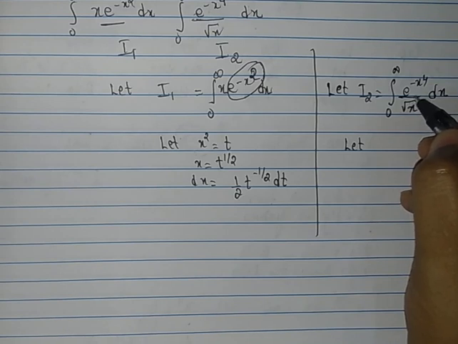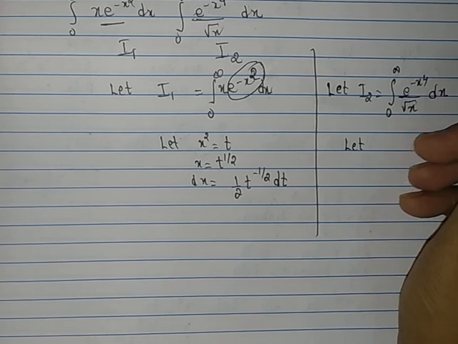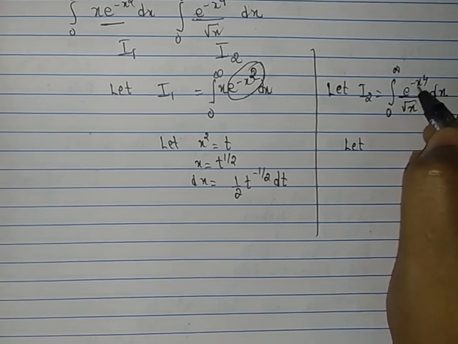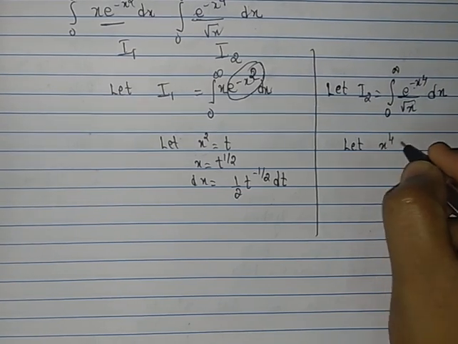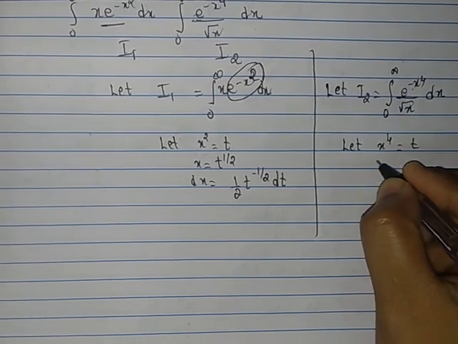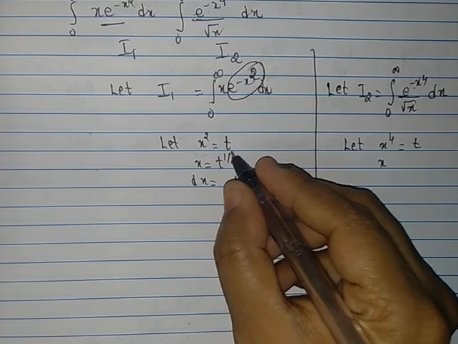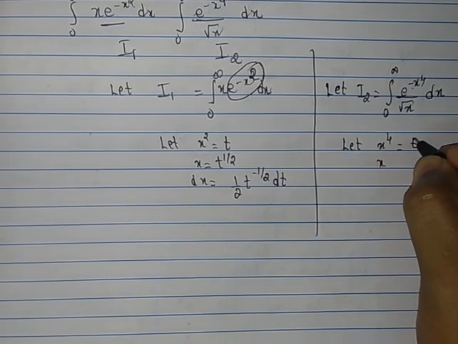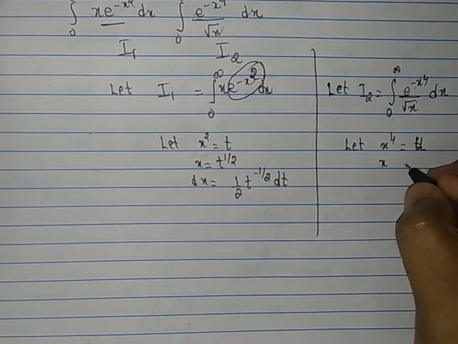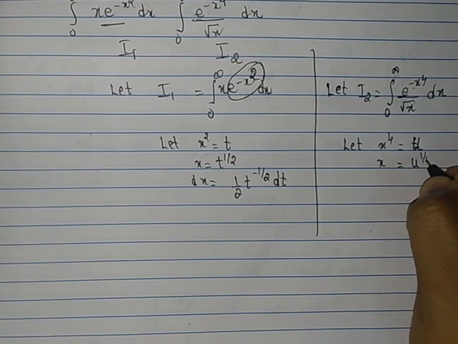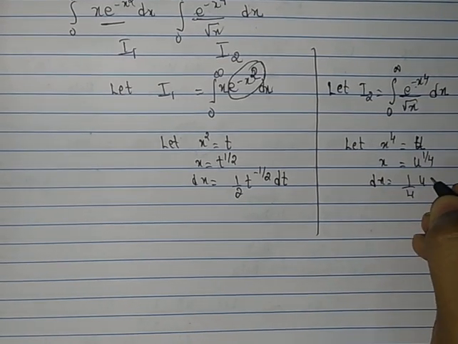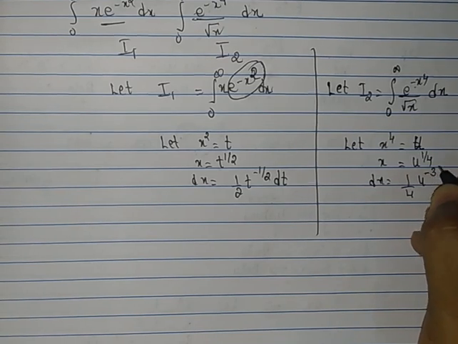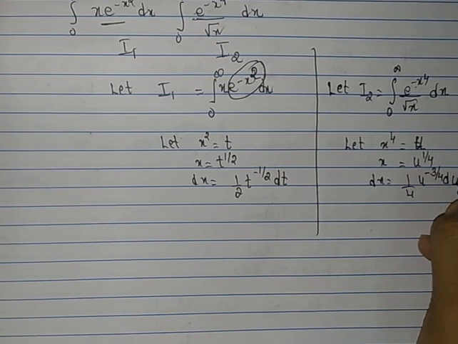The power should be 1 and the coefficient should be minus 1. Your coefficient is minus 1 but the power is not 1, so I'll write x raised to 4 equal to t. Since t has already been used, I'll write it as u. And this will become x equal to u raised to 1 by 4, and dx will be 1 by 4 u raised to 1 by 4 minus 1, which is minus 3 by 4, into du.